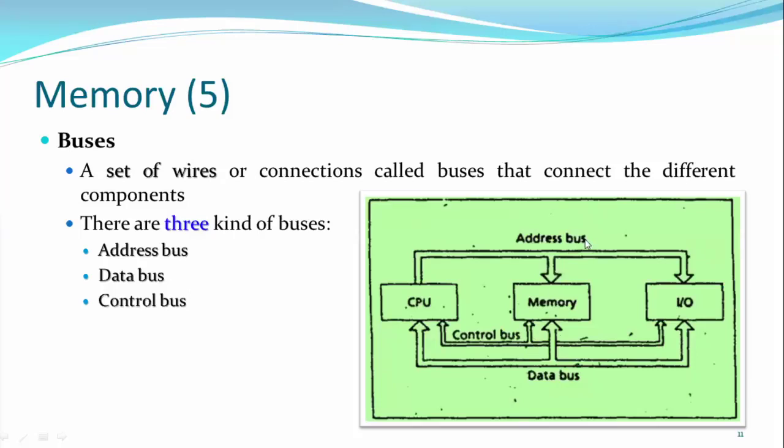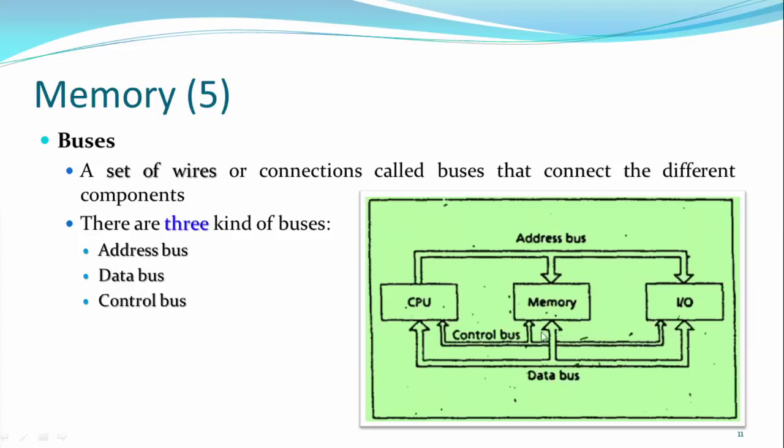The address bus is responsible for transferring the address from one component or device to another device. Similarly, by the name, the data bus is only responsible for transferring the data from one component to another, or from source to destination.